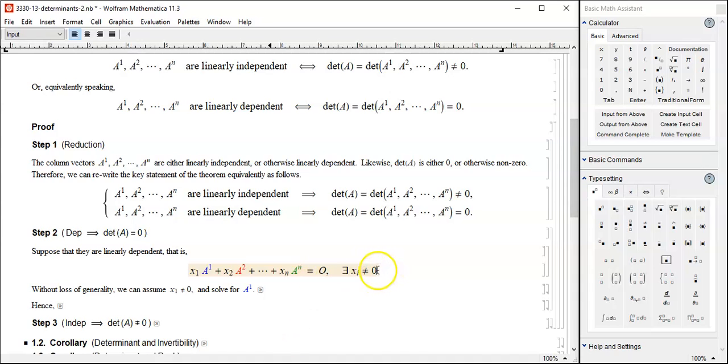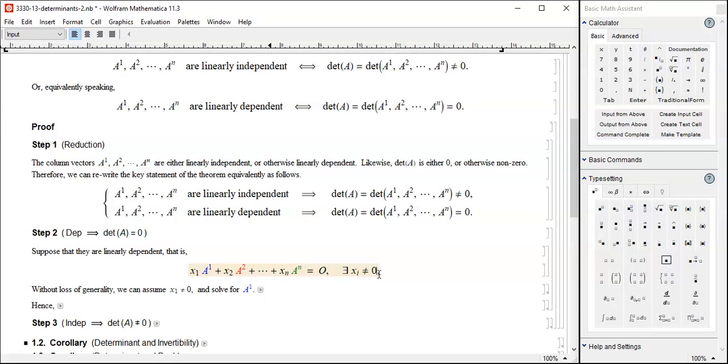Okay, we got one. Now, xi is non-zero, so we can solve for ai, but that's a bit cumbersome. So let's use a bit of a simplification here. Without loss of generality, we can assume x1 is not equal to 0. How? We can simply rename it.